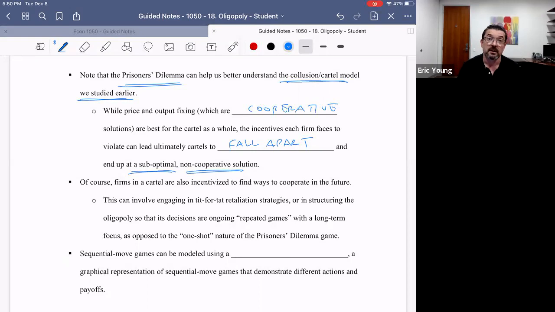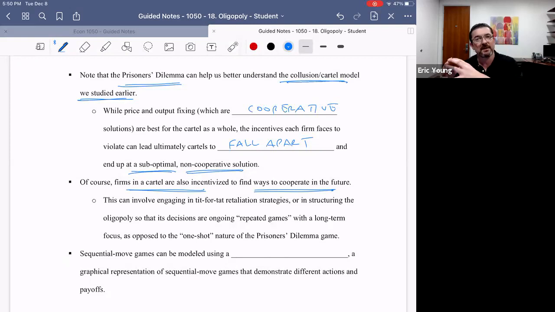Of course, the firms themselves recognize this. So at the same time that each individual firm faces incentives to violate the arrangement, the cartel as a whole is also incentivized to find new, innovative ways to cooperate in the future. This is why we see in game theory and in oligopoly these rises and falls at times of oligopoly cartel power.